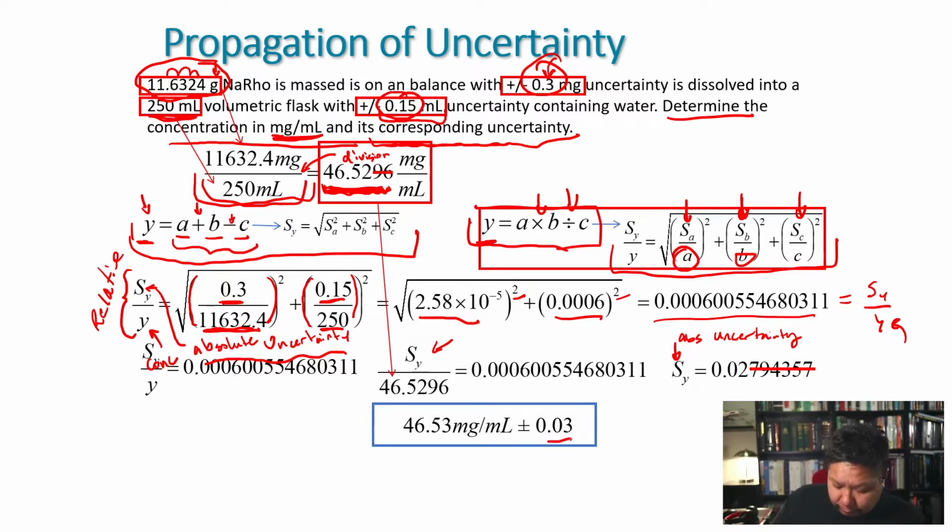And then we will also do the same to the concentration, getting it to 2 decimal points, is what I meant to say. When we get that to 2 decimal points, we'll round it up because that last digit there was a 9. And so now we report our answer as 46.5 milligrams per mil plus or minus 0.03.